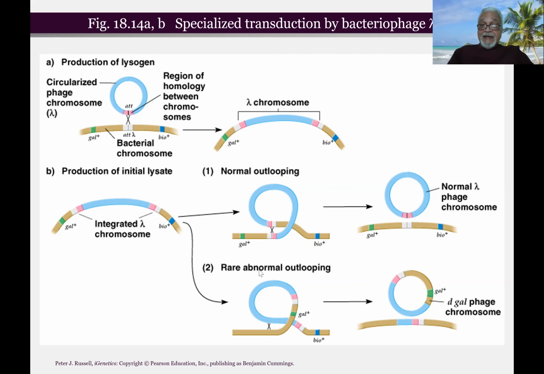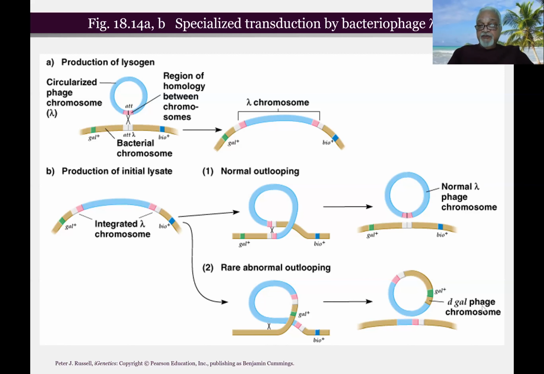What is this here? A loop between a part of phage DNA and the host chromosomal DNA. So here it takes place, and as a consequence, instead of a normal phage, it generates a defective lambda gal because it lacks some of these genes of the phage.